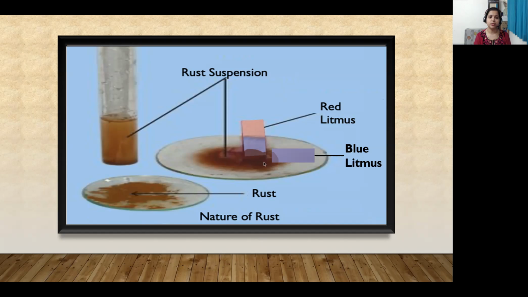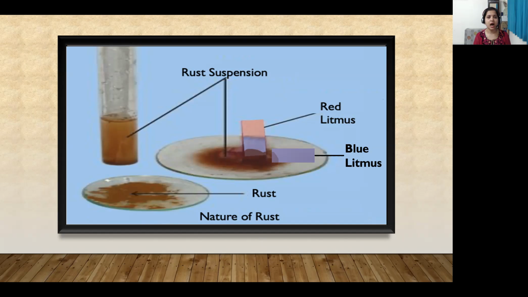You will observe no color change in the blue litmus paper, whereas the red litmus will turn blue. In your previous classes, you have learned that basic or alkaline solutions can turn the red litmus blue. It means this solution is basic in nature. Iron oxide is basic in nature.